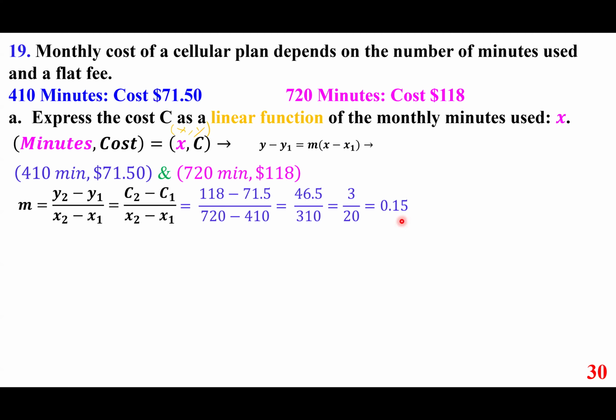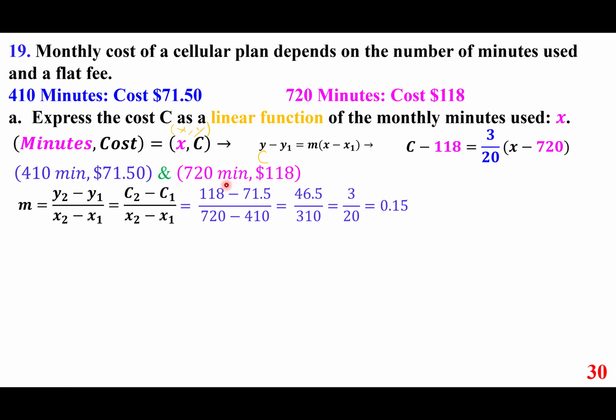But remember, you can finish the job when you're done, put C instead of y, or just write here C minus y1. So you pick, for example, one of them, this one, because this has a decimal. So let's go with this one. C minus 118 is m, 3 over 20, times x minus 720.